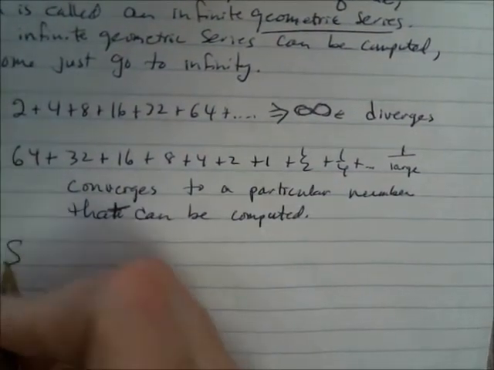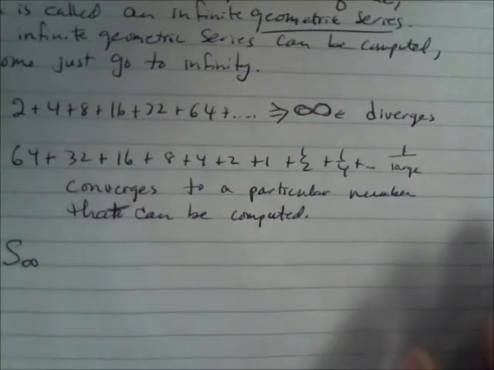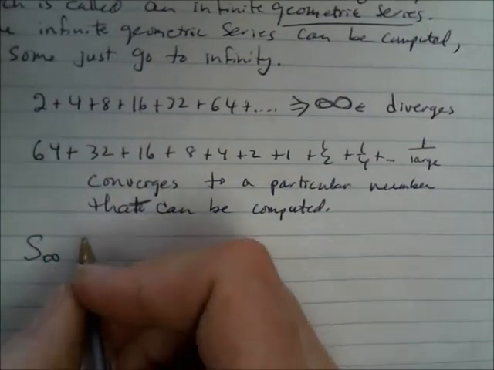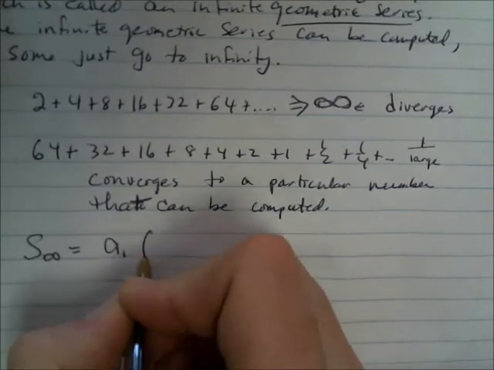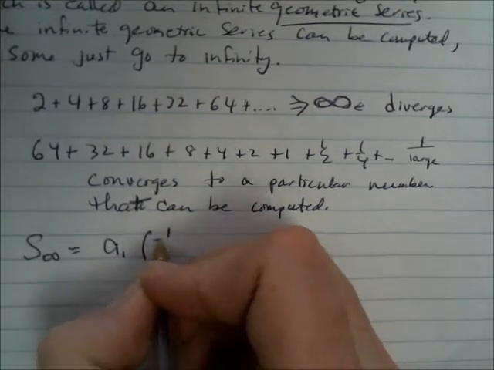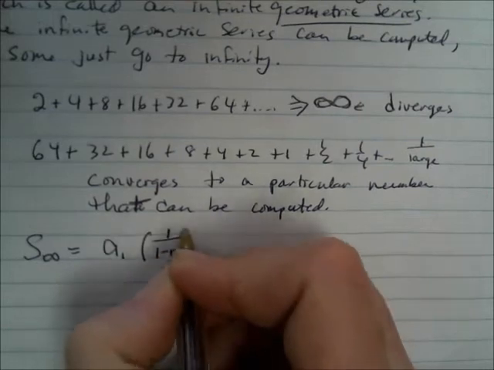And we have a formula for that. And the notation is the sum of an infinite series is A1 times 1 over 1 minus R.